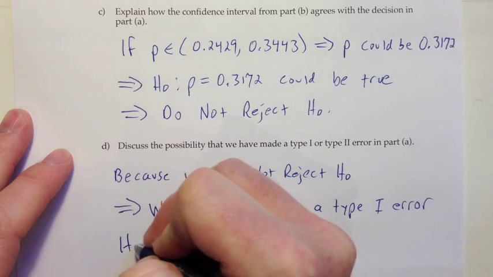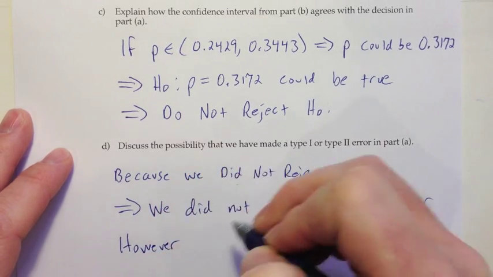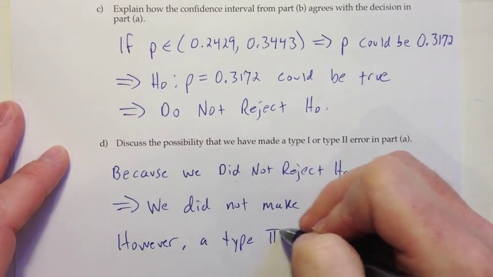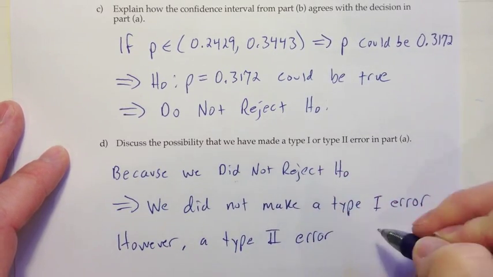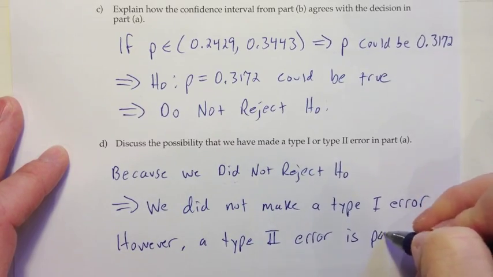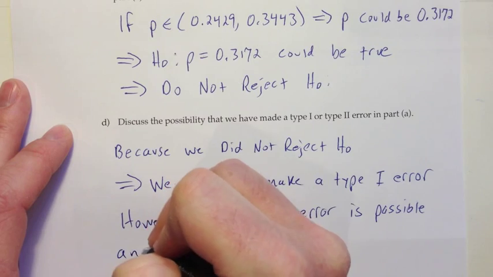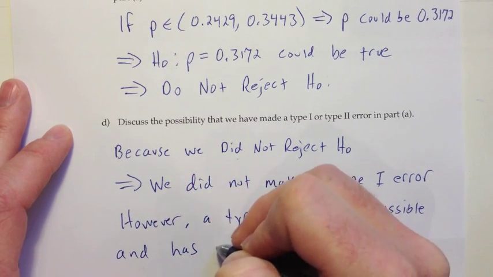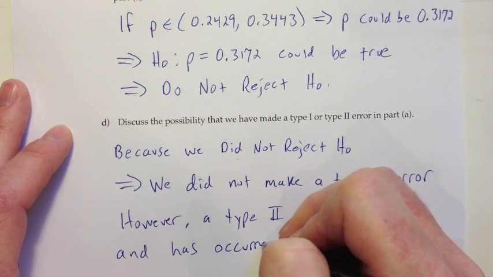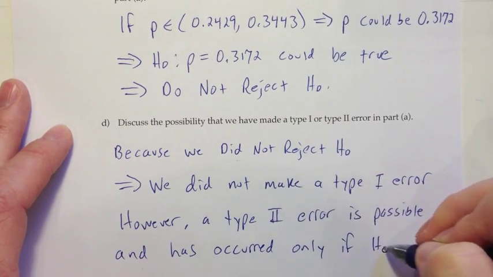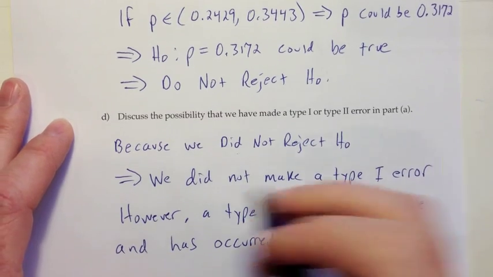So I would say, however, a type 2 error is possible and has occurred only if H0 was in fact false.